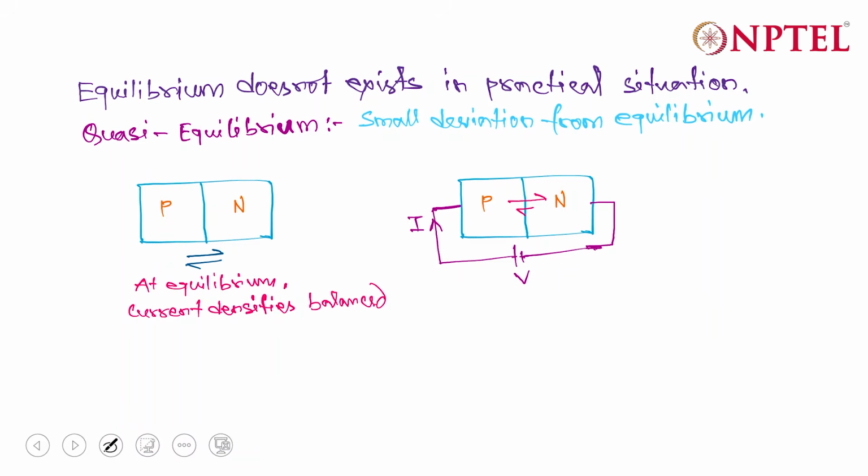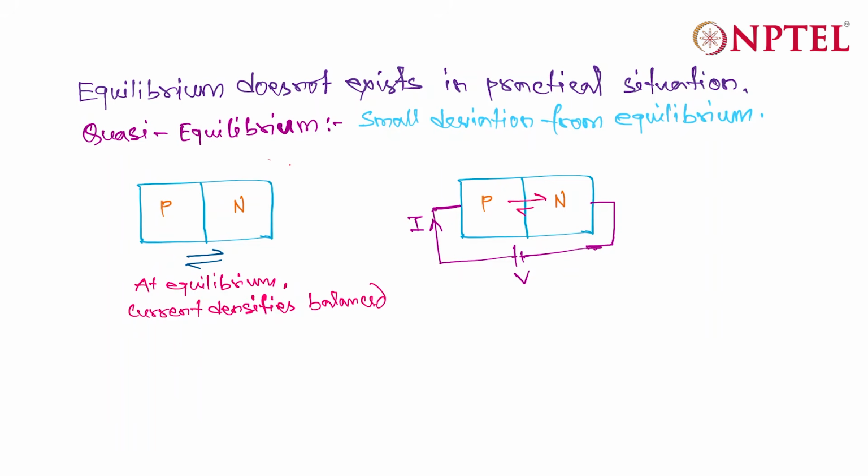Quasi-equilibrium means small deviation from the equilibrium, right? I also said while I started the discussion, a small deviation from the ideal situation. Equilibrium is the ideal situation which you probably won't get so easily. So the quasi-equilibrium term emerged, right?